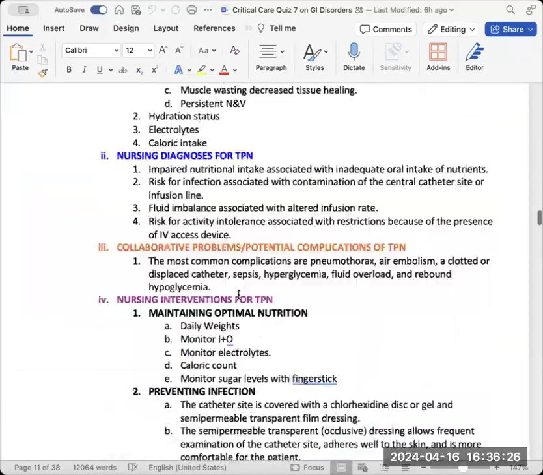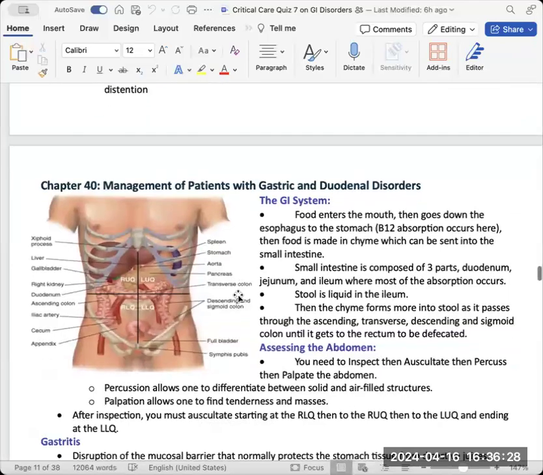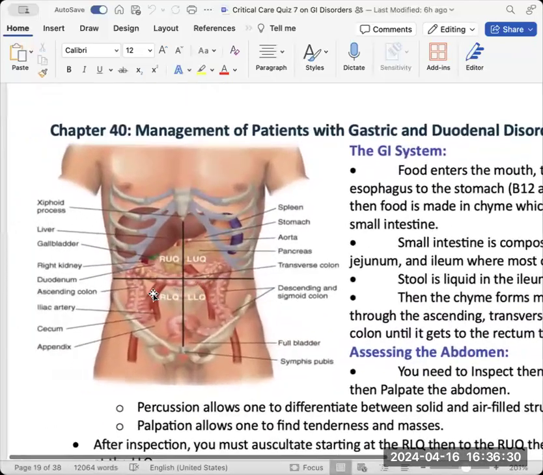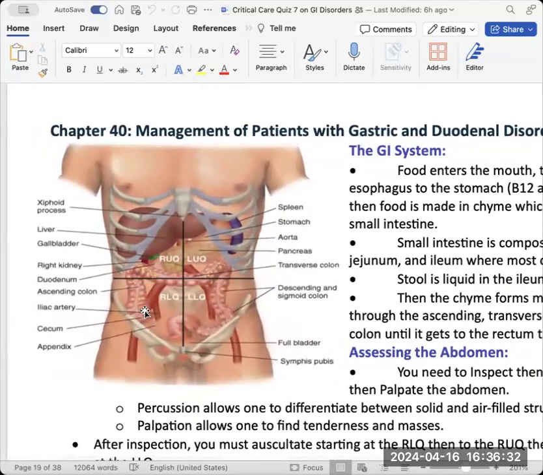Now, just so I can show you, maybe it helps a little bit more: your ileum is going to be in your right lower quadrant. And when we do an abdominal assessment, you always start with the right lower quadrant, and that's because of how the bowels should normally work.